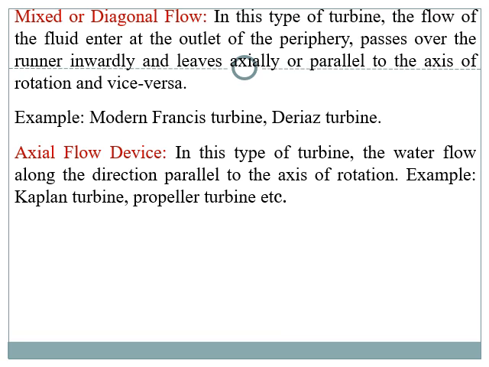In axial flow cases, the inlet diameter as well as exit diameter are the same, and the blade velocity is also the same, that is u1 equals u2. The examples for such types of turbines are the Kaplan turbine or propeller type turbines.